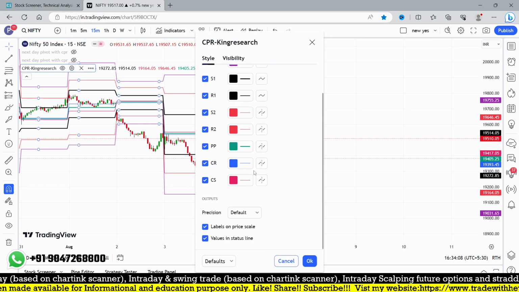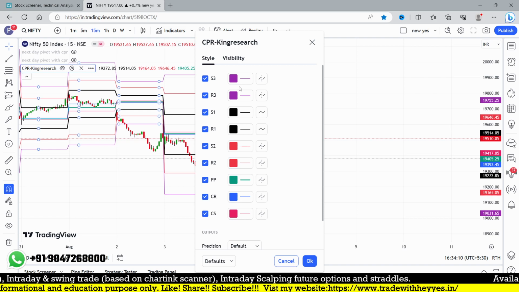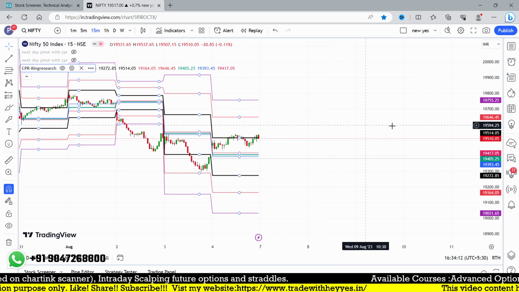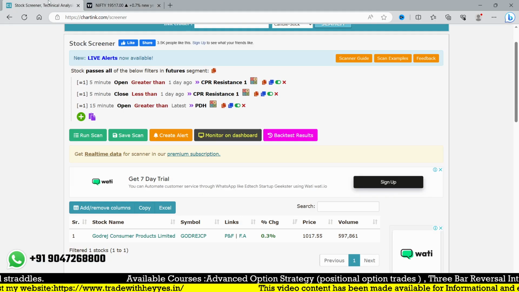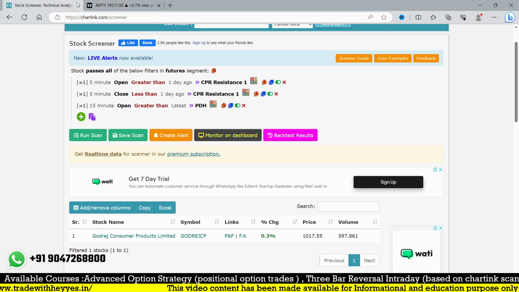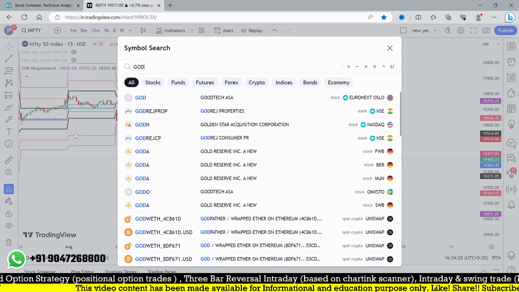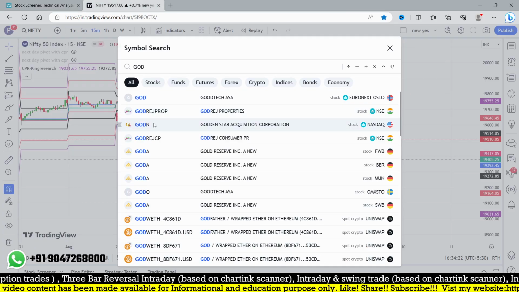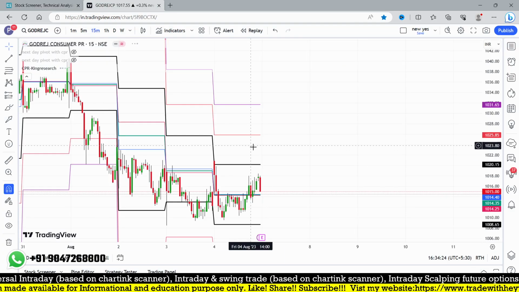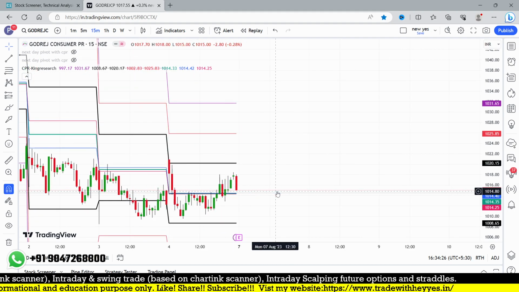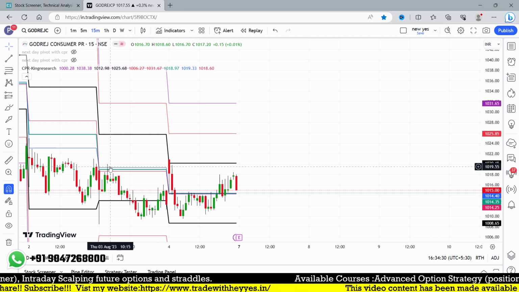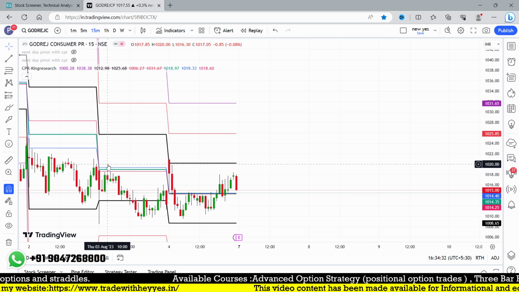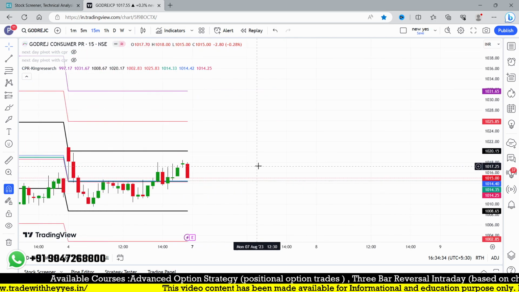Okay, no problem. Yesterday we took that. So it is opening above previous day high. The previous day high is around here you can see. So exactly we find out the stock.